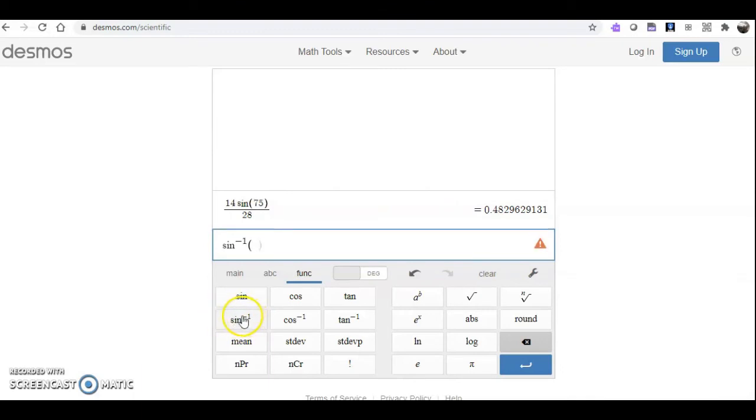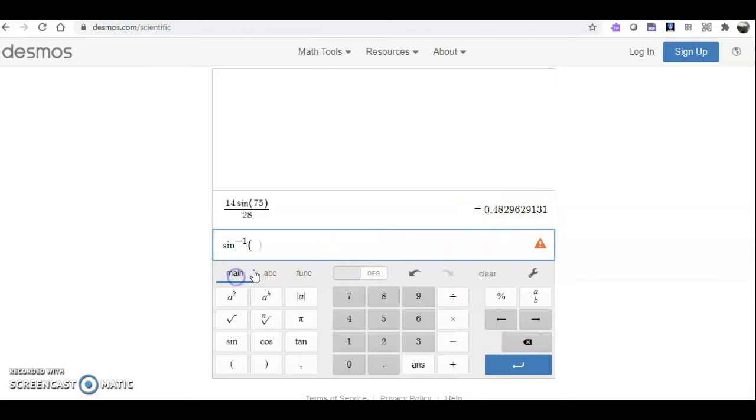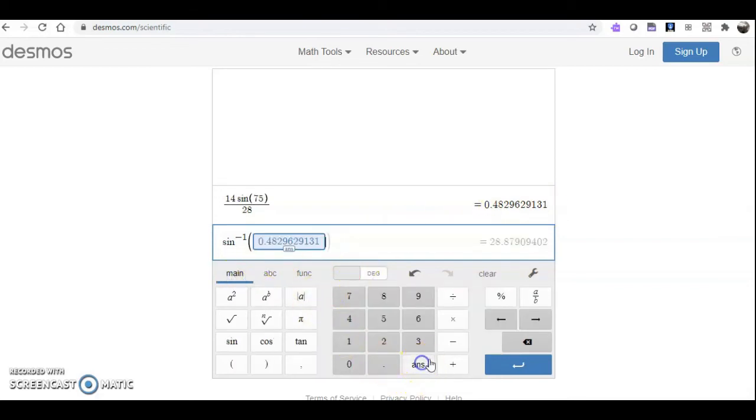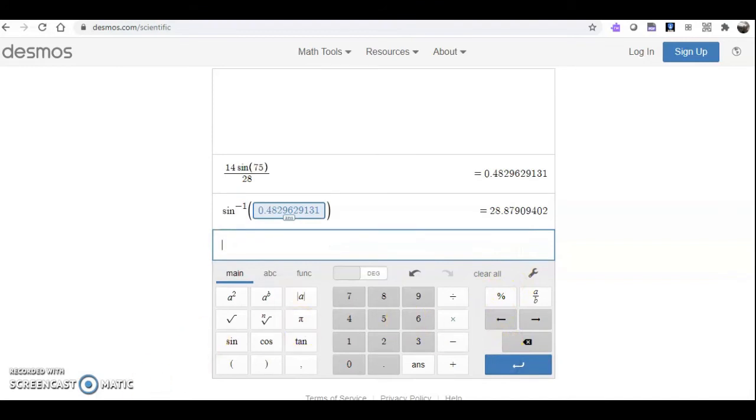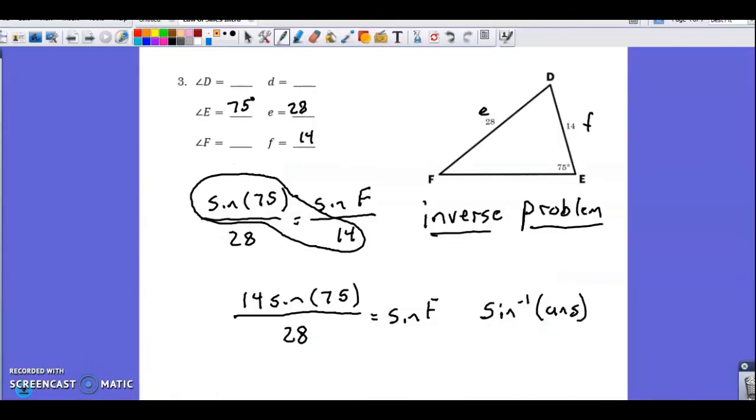That's the inverse button you want to use. And you want that answer. You could retype it, or right below the 3, there's a button that'll give you the answer back. So the inverse sine of the answer is, and for angles, we're going to do whole numbers, so 29 degrees. So angle F is 29 degrees.